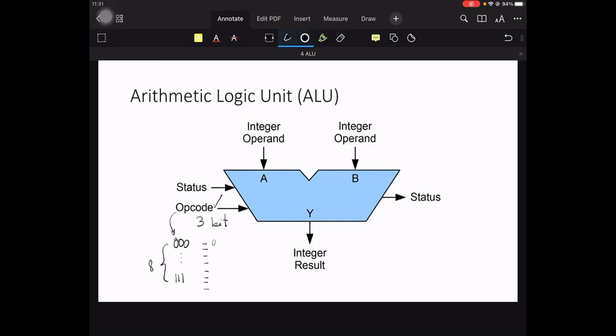Pwede nga iyang first operation is it could perform addition. Pwede ang second is subtraction. Pwede ang third is multiplication. So on and so forth. Pero 8 lang ka buok. Pero again, wala may 3-bit nga opcode terminal.